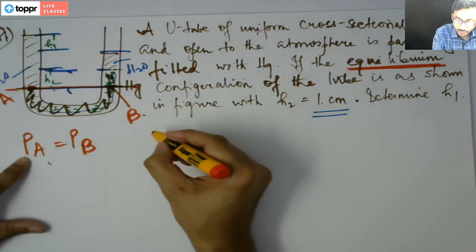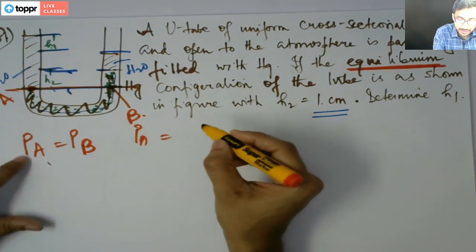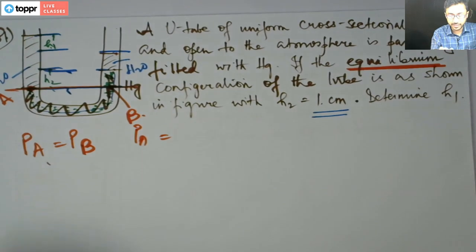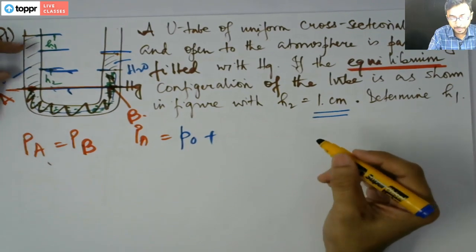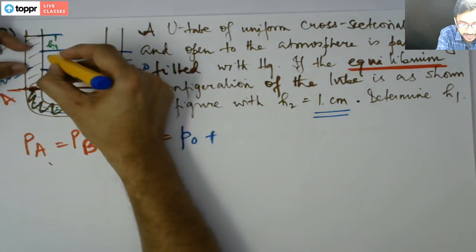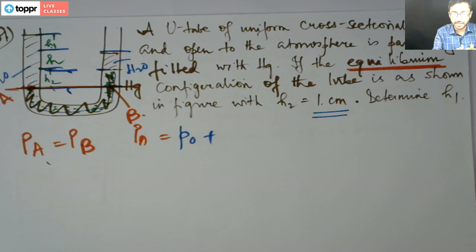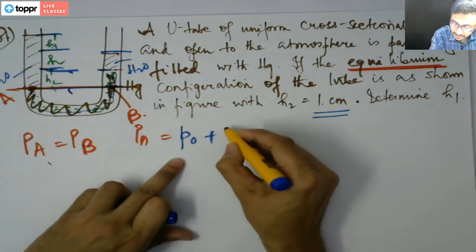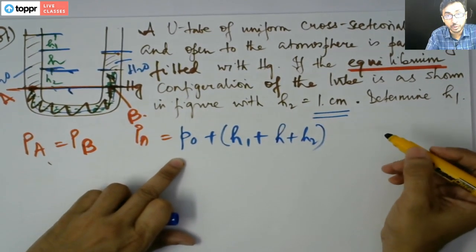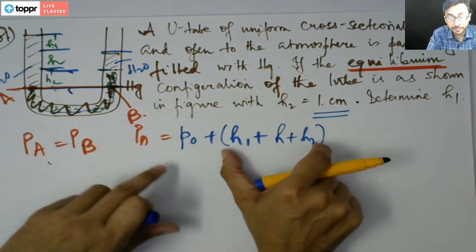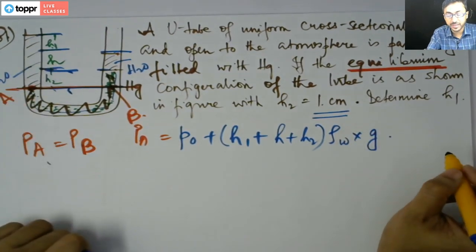So pressure at PA, if we write, first atmospheric pressure, P0, plus, this is H1, this is H2, let this in-between part be H. So we can write pressure P0 plus H1 plus h plus h2, the total height, and the density is the density of water, definitely, into gravity.